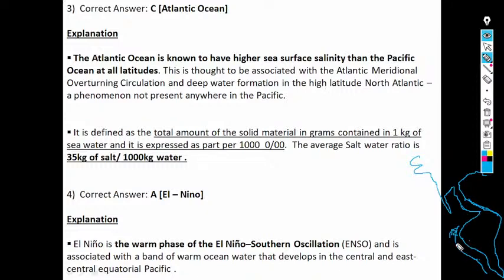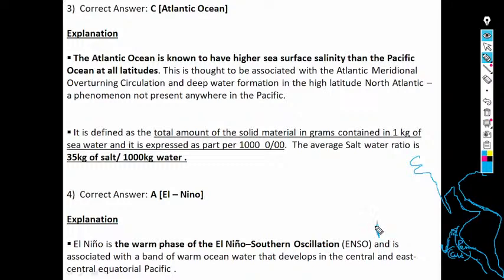This is particularly a Peruvian current, which is a cold current that flows nearby on the coast of Peru. Later on it becomes the El Nino current, a warm current.